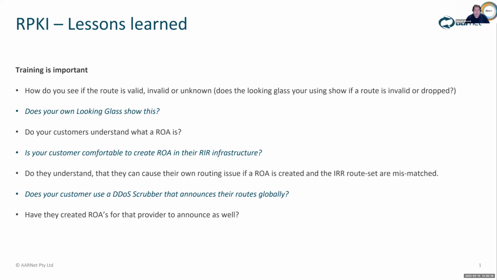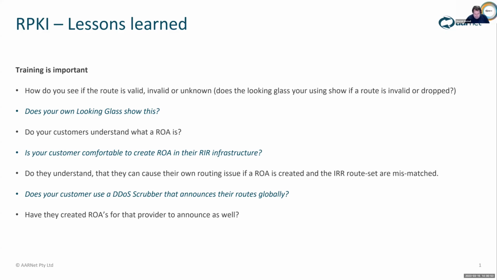So one of the questions that I deal with is, I talk to our customers and I actually say, well, do you want me to help you create the ROA? Do you want me to sit on a phone call and walk you through the process so that you understand what it is that you're doing? And I give them some checks that they can use to actually go and check whether or not what they're going to deploy is actually going to make sense.